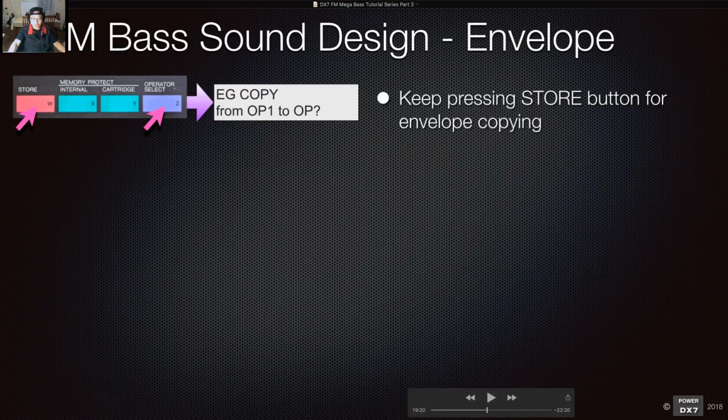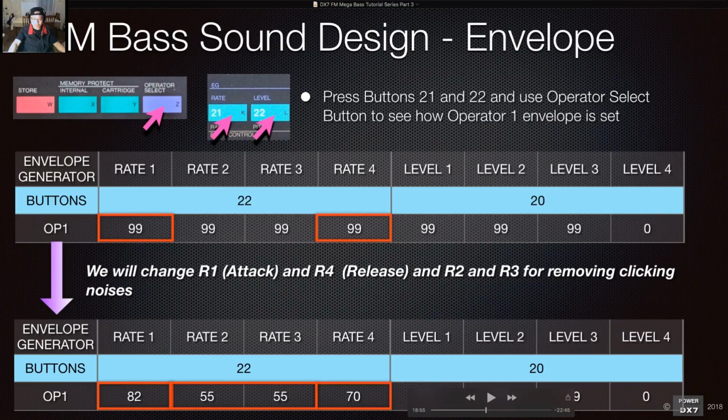So this is what we're going to do. We're basically just going to work on operator 1, because we can copy the operator 1 envelope to operators 2 to 5. That's nice and easy. So let's select operator 1 using the operator select button.